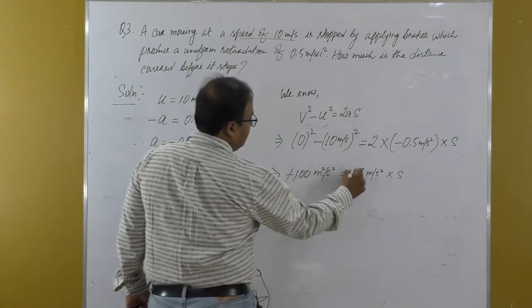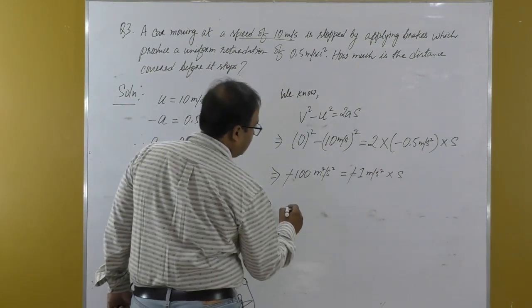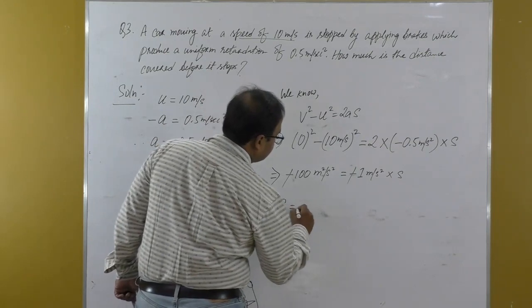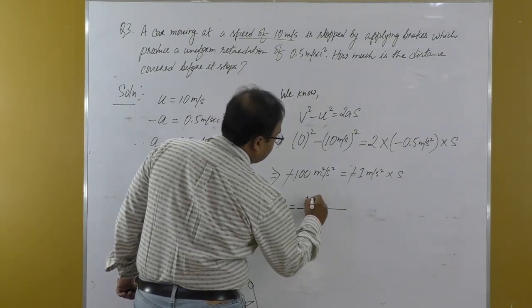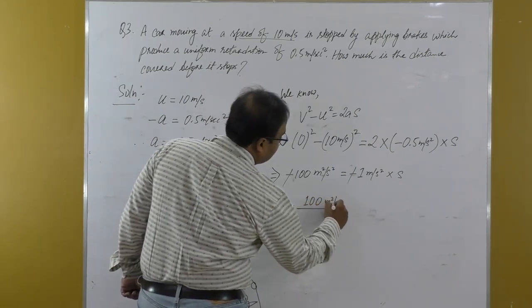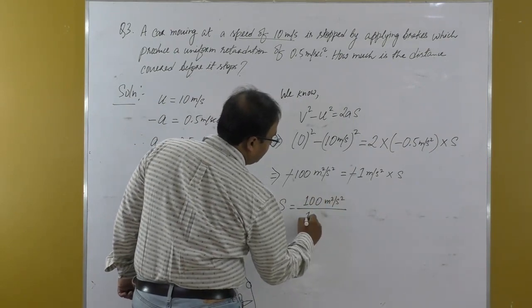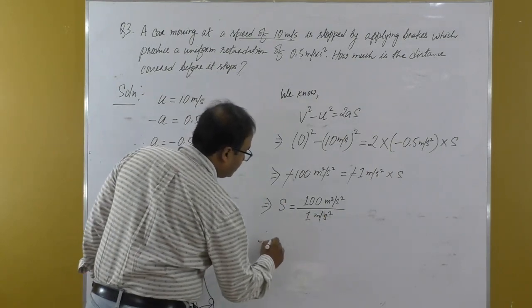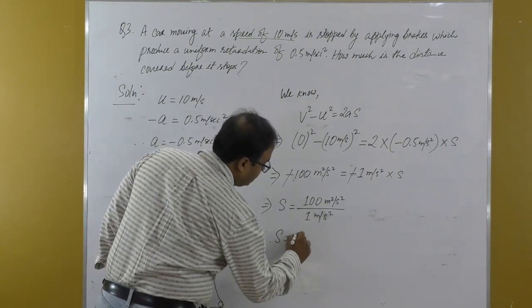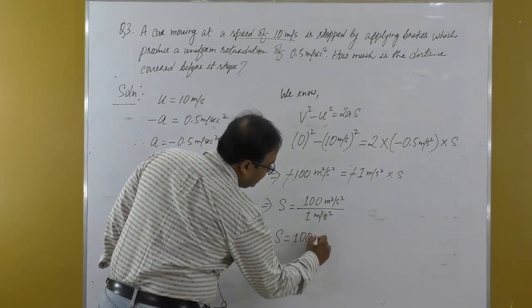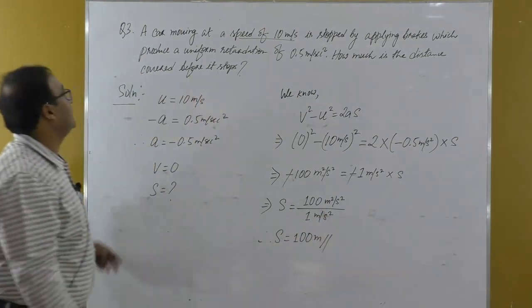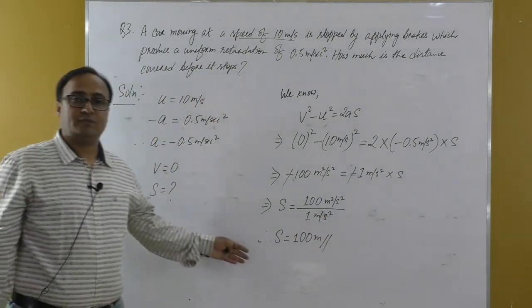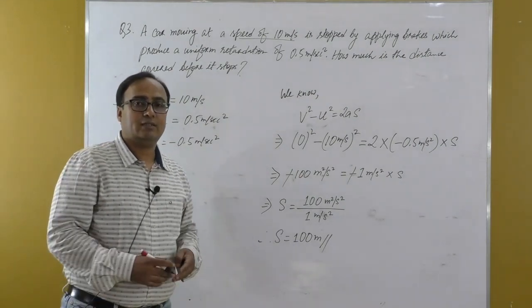This minus sign can be cancelled. Now s is equals to 100 meter square per second square by 1 meter per second square. Therefore s is equals to 100 meter. So what is the distance covered by the car? The distance covered by the car is 100 meter.